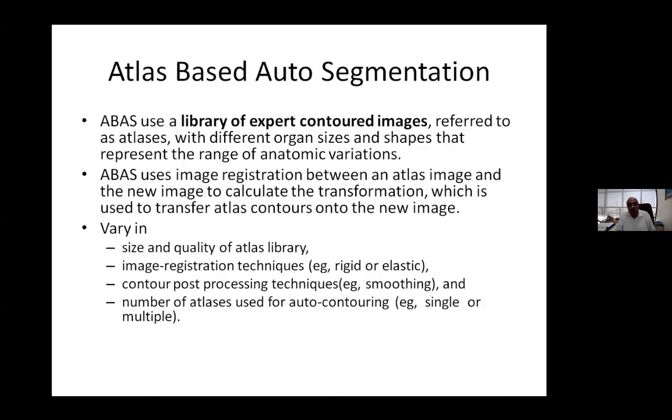Okay, and lastly, I wanted to say something. Nowadays, among the modern things, there is atlas-based auto segmentation. These are segmentations done by experts on contoured images, and they are referred to as an atlas, covering different organs and different shapes, and they represent anatomical variations also.